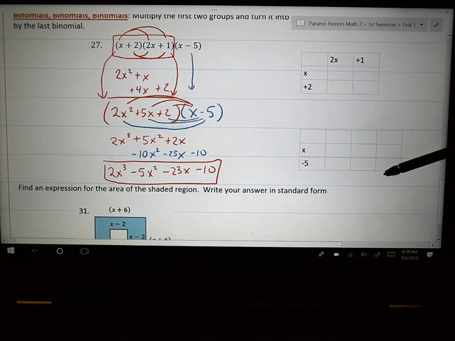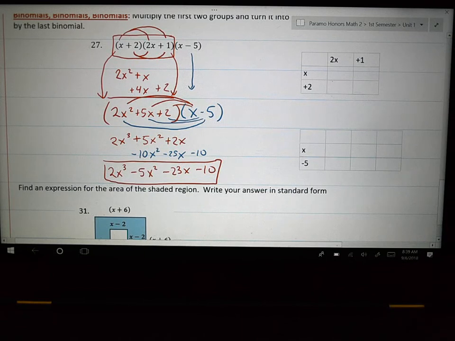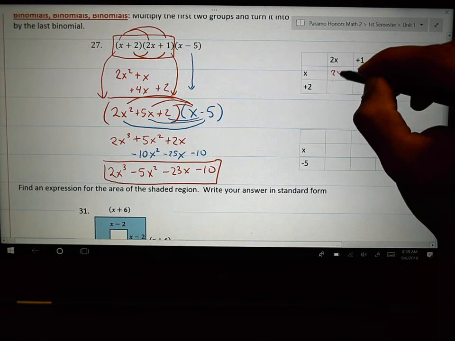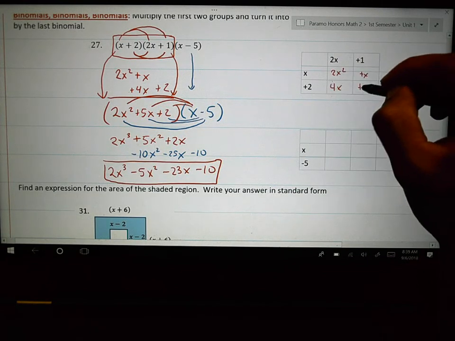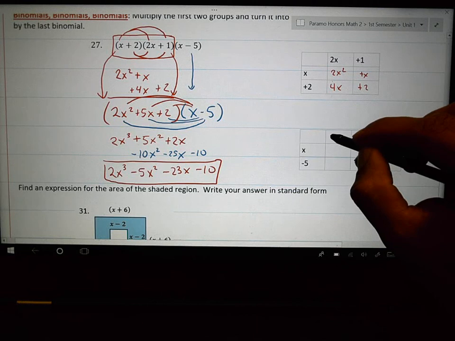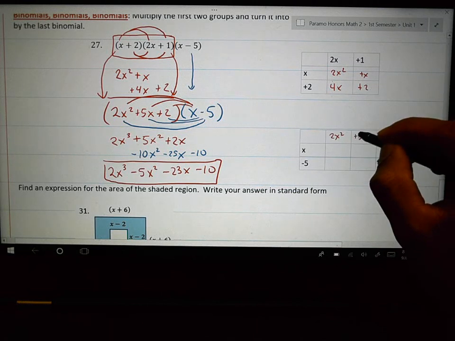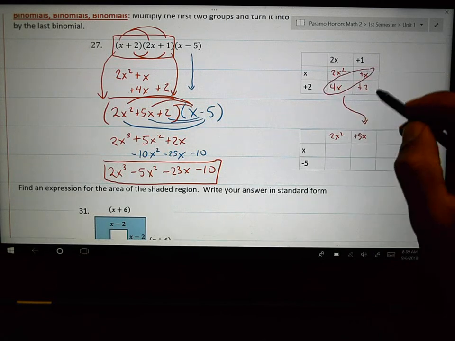I can show it to you, but I use this primarily so that I don't have to rewrite so many different things. If I was doing this problem, I would have gotten 2x squared plus x, 4x plus 2, and then you have to take that over here and put 2x squared plus 5x, because you have to put these two things together to get that, and plus 2 right there.